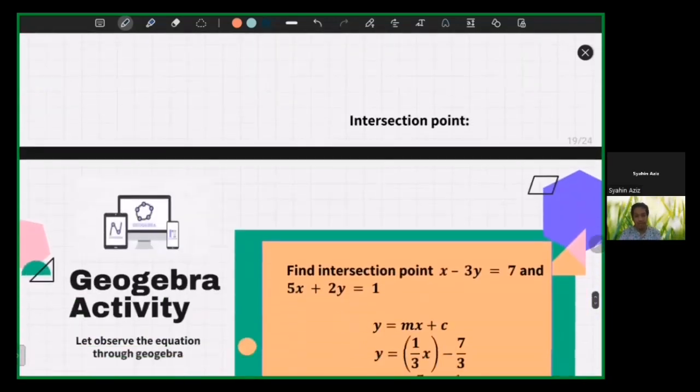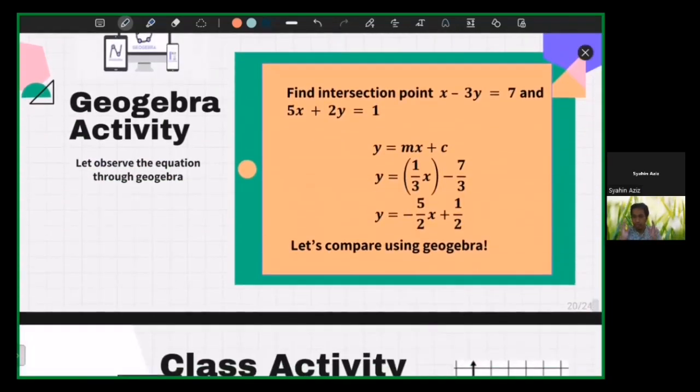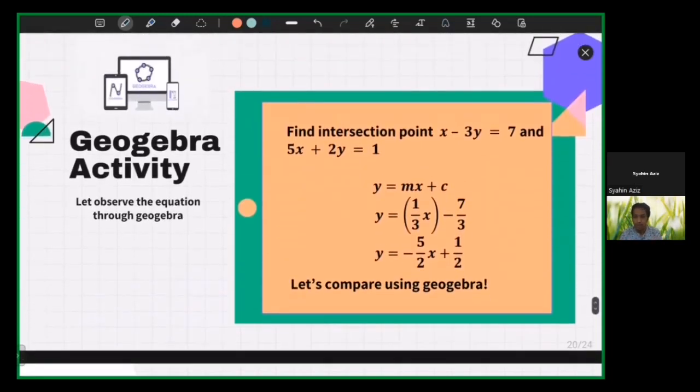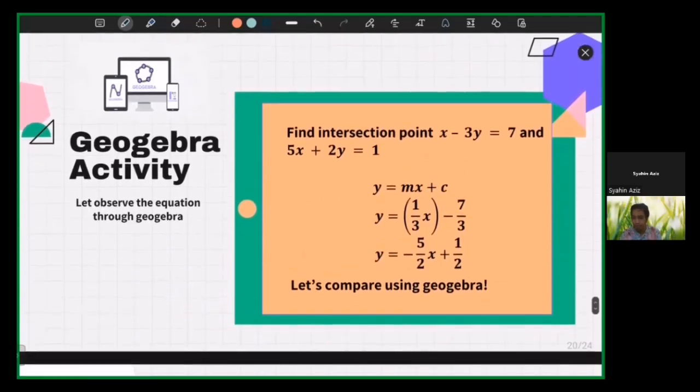By GeoGebra activity, we can compare the intersection point found using elimination. In the GeoGebra activity, by using GeoGebra, we can find the intersection point of x minus 3y equals 7 and 5x plus 2y equals 1.